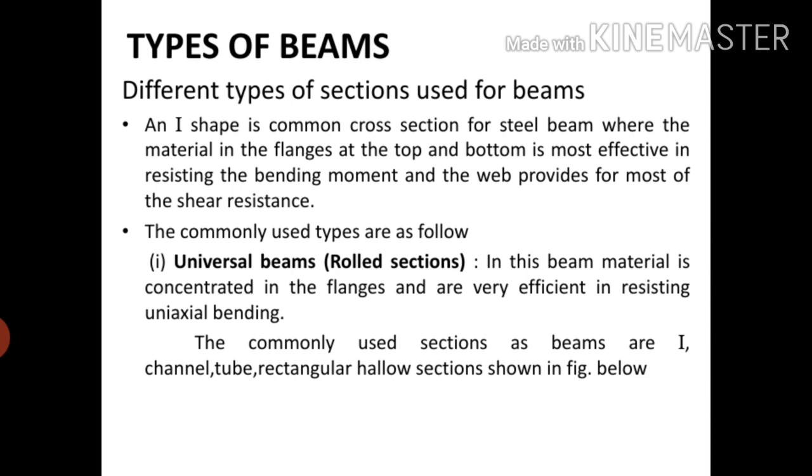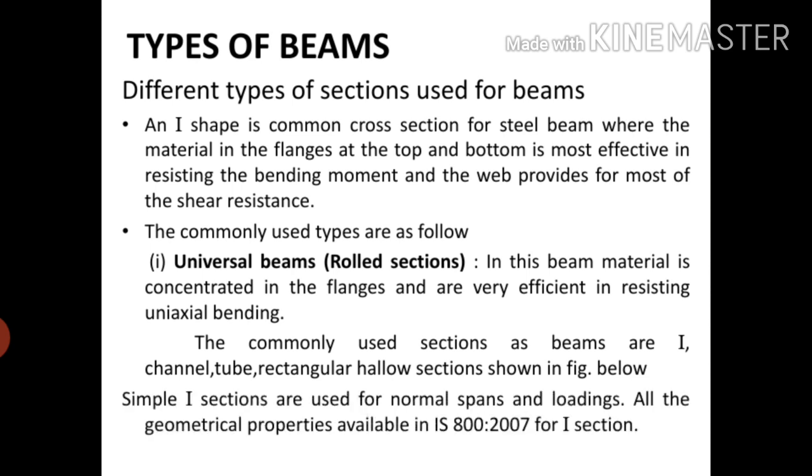The commonly used sections as beams are I sections, channel sections, tube sections, rectangular hollow sections shown in the figure below, and simple I sections are used for normal spans and loadings. All the geometrical properties are available in IS 800:2007 for I sections.